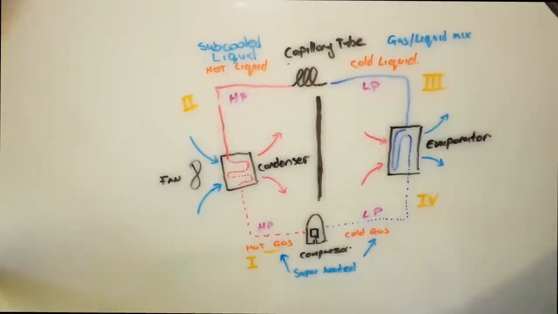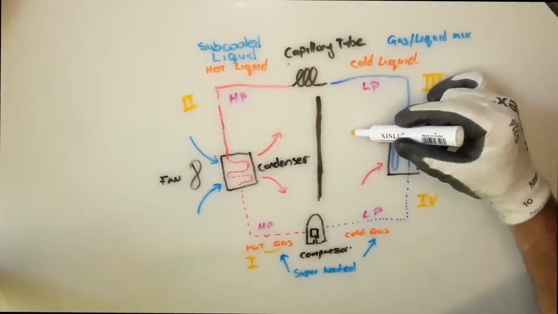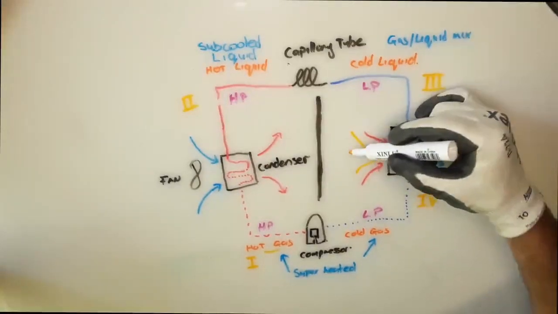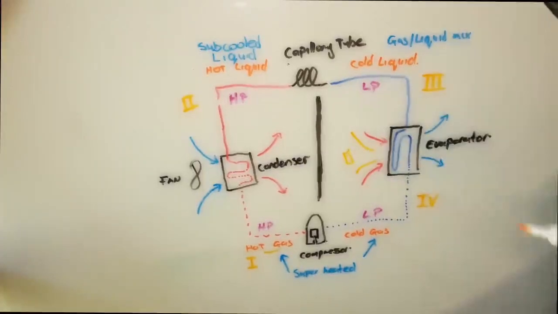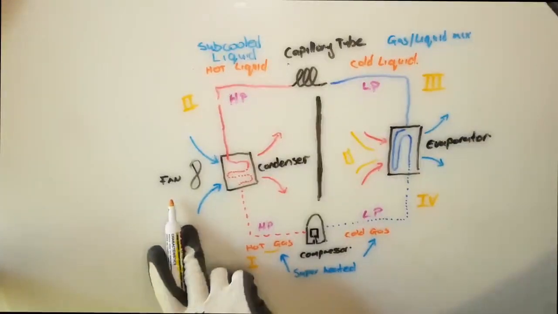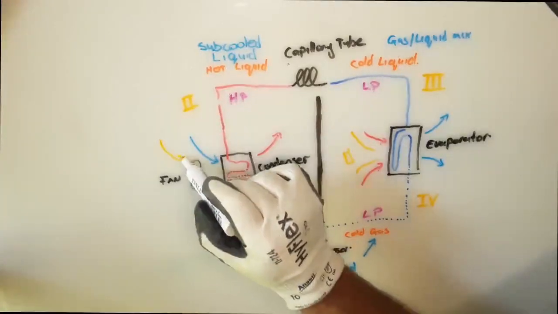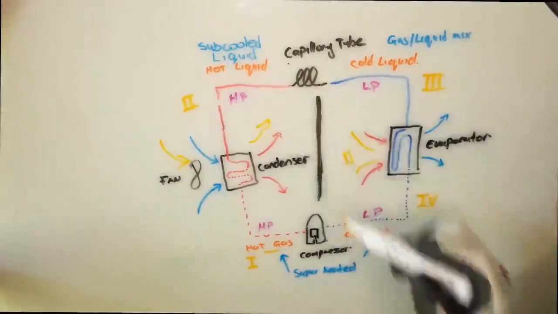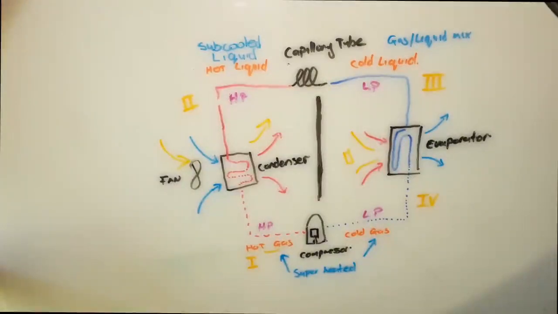Now, the idea of a refrigerator is to remove heat from whatever items are inside your refrigerator, and the purpose of your condenser is to draw cold air and expel warm air. This is your basic principle of refrigeration.